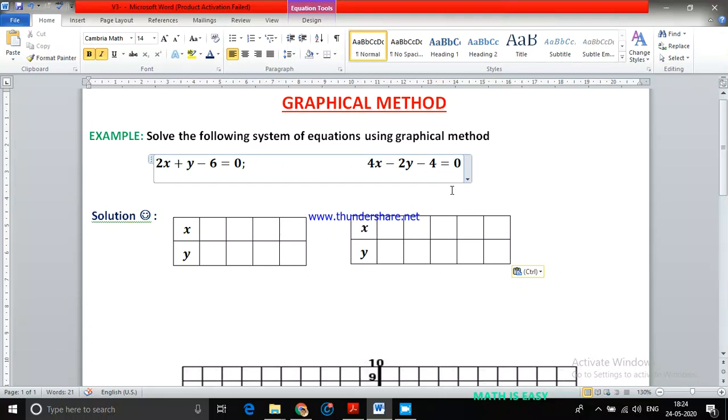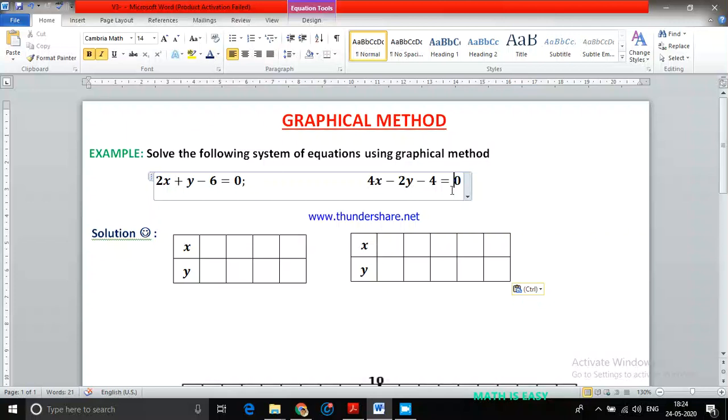And what about b1 upon b2? b1 is 1, b2 is minus 2, so 1 upon minus 2, that is minus 1 by 2. So a1 upon a2 is not equal to b1 upon b2. That means this is the condition of a unique solution. So you'll get a rough idea how the graph is going to look. Otherwise it's not necessary.